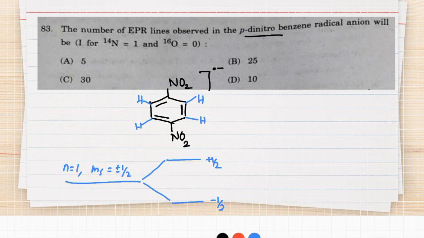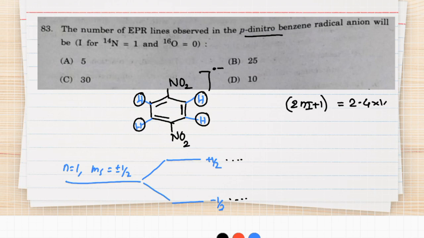Now hyperfine interaction takes place according to the 2nI plus 1 formula. Only one kind of nucleus is present here, all equivalent, so 2 into 4 hydrogen into I value half.